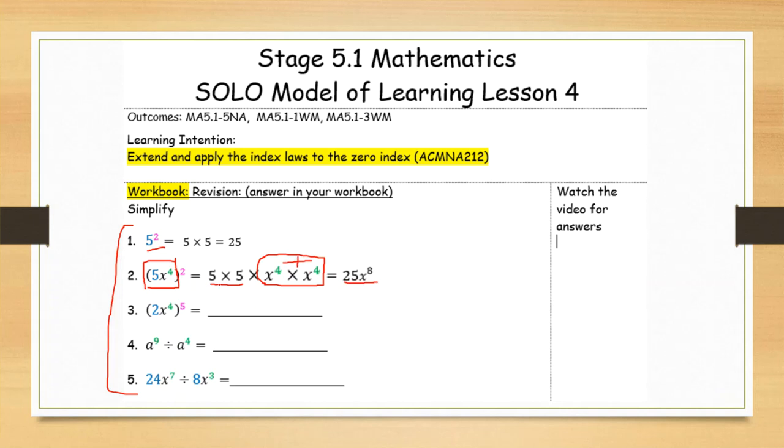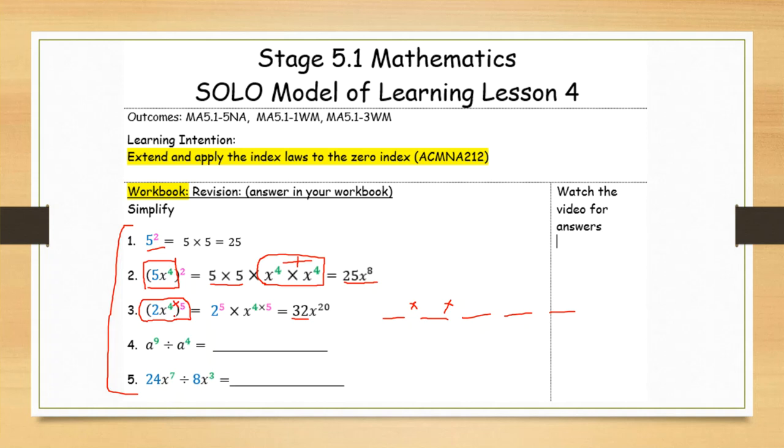So this way is not recommended for question 3, because if we have to the power of 5, we're going to have the brackets 5 times, multiplying in between each time. So the better way to do this one is to go 2 to the power of 5, which is 32, and x to the power of 4 to the power of 5, we multiply.